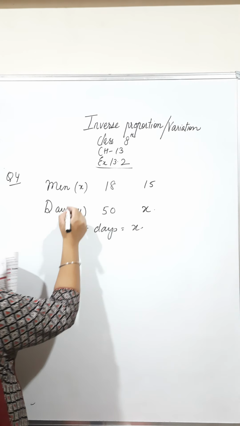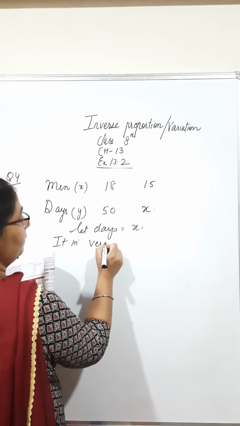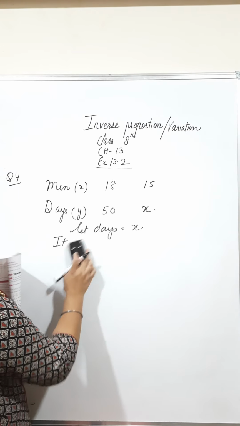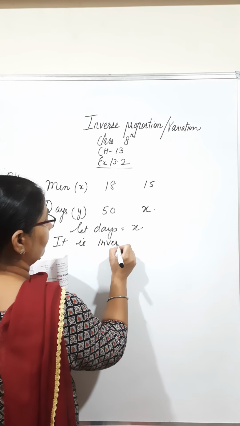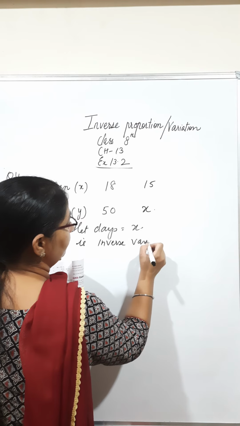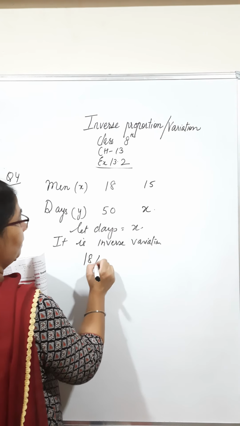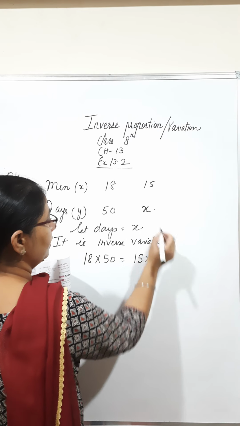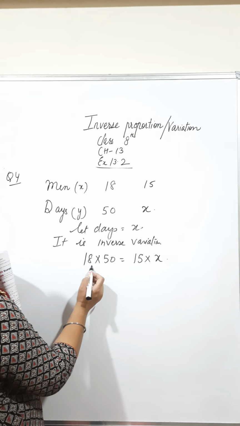As you know, it is an inverse variation now, because when the men are more, the days will be fewer. It is an inverse variation. So therefore 18 multiplied by 50 will be equal to 15 multiplied by this number X. So what you will do now?